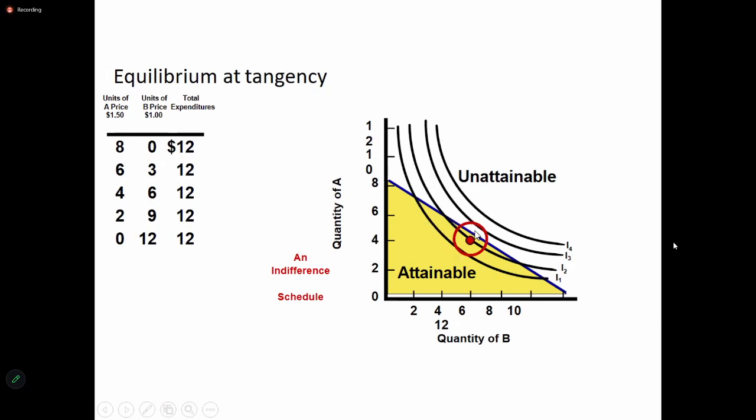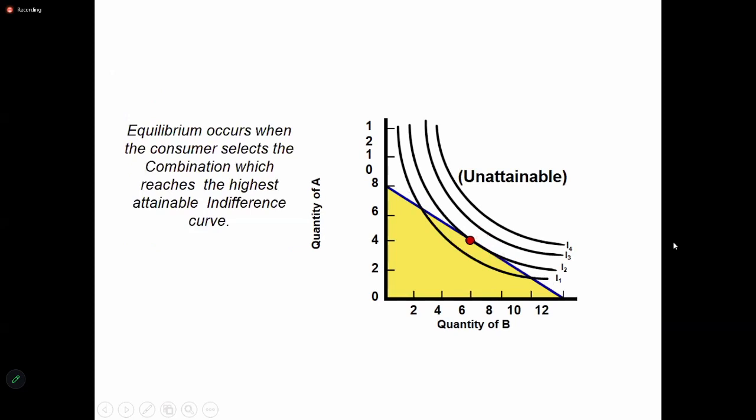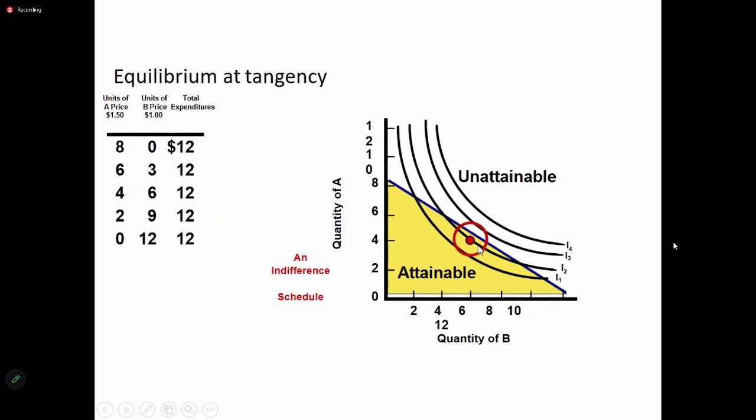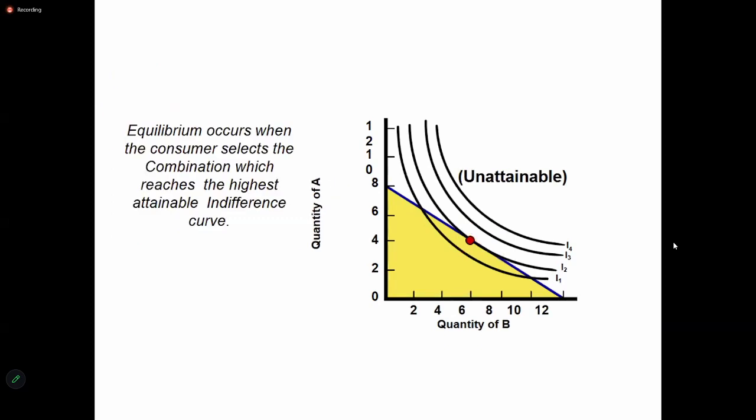Here different points come, and now we need to see the maximum point. Here it is clear. When more curves come it is not so clear, but you can see equilibrium occurs when the consumer selects the combination which reaches the highest attainable indifference curve.